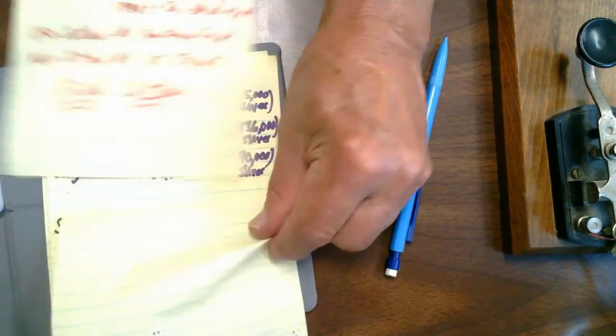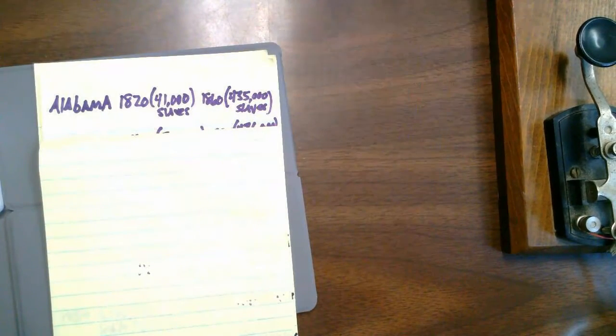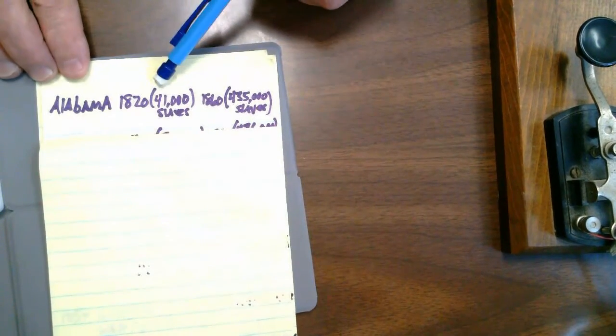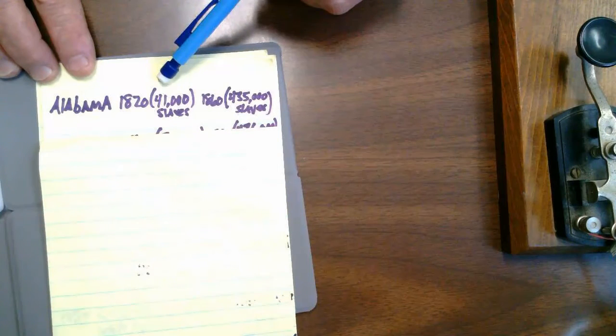All right, so let's see here. We'll move right along, and I want to share some other tidbits of information with you folks. Let's take a look at Alabama. The population in 1820 in Alabama included 41,000 slaves. But watch what happens in a scant 40 years.